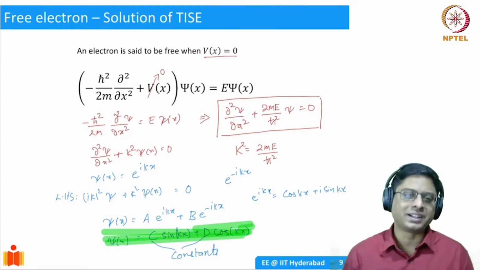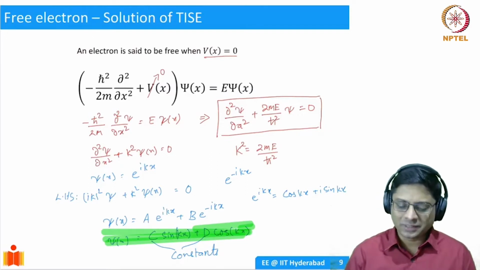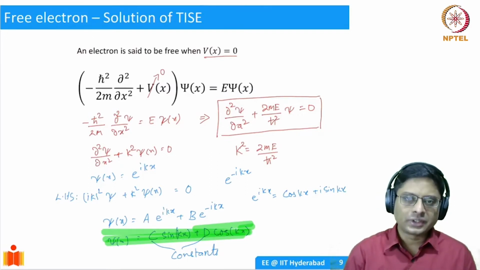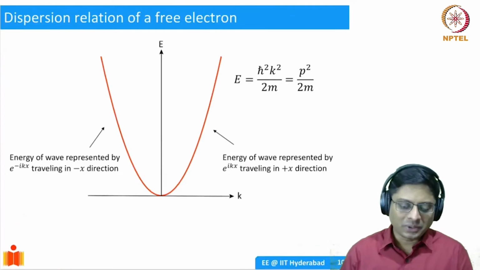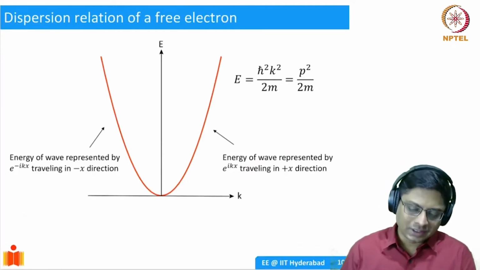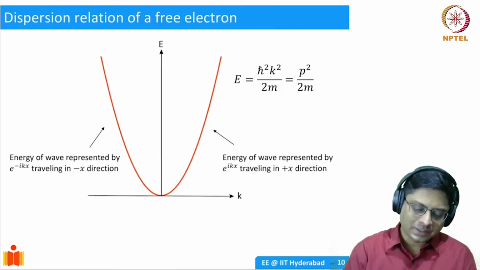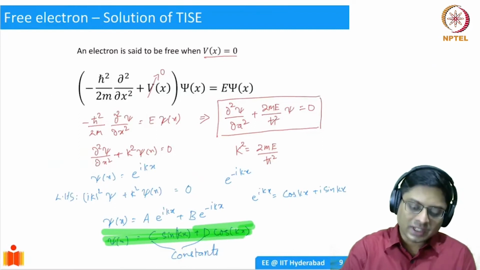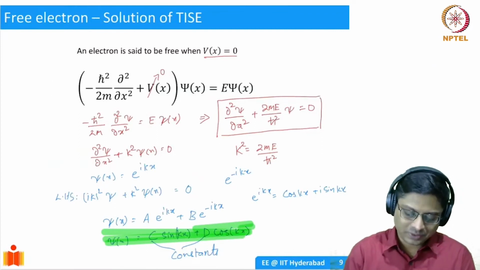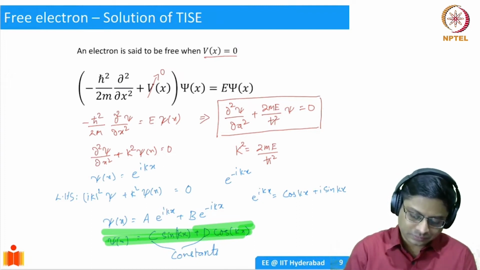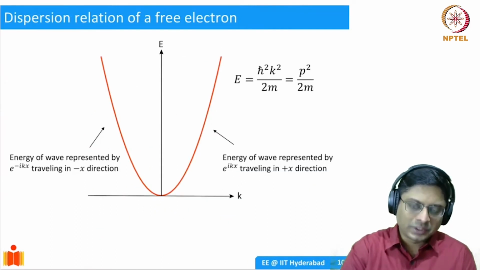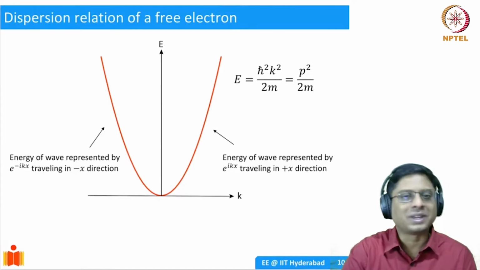It's not that complicated. I mean, it sounds heavy, but it's not that complicated, right? So now what we'll do is we will try to understand what it means. We defined k² as 2mE by ħ². The reason we did that was, if you rearrange it, you could also write energy as ħ²k² by 2m.